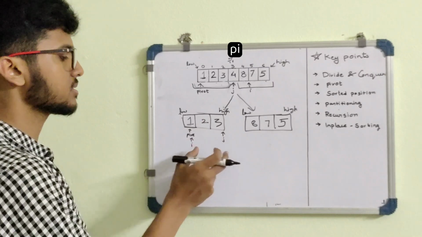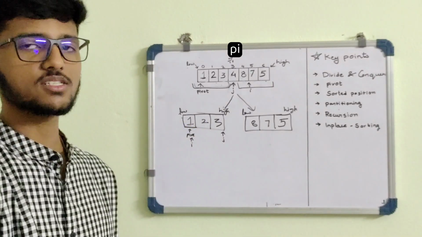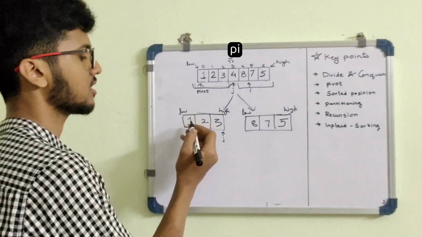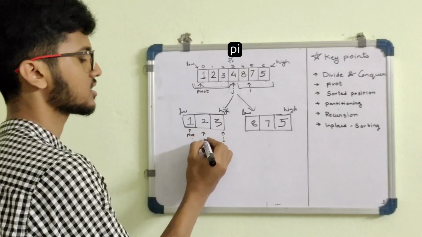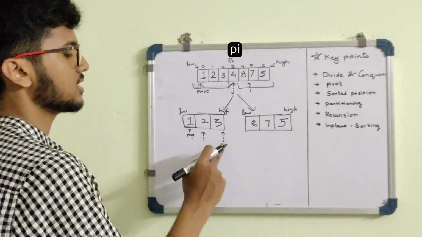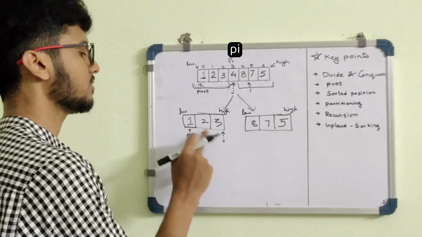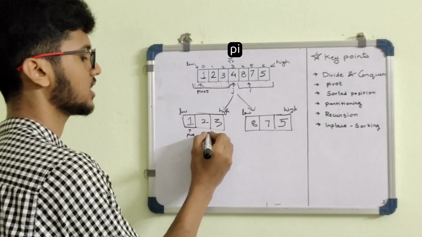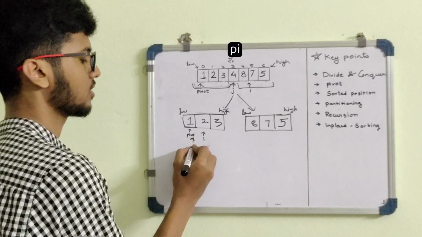Now perform the same steps: increment i until the element at i is not smaller than or equal to the pivot. Here this is smaller than or equal to the pivot, so increment i. Now this is not smaller than or equal to the pivot. Decrement j while it is greater than the pivot. This is greater than the pivot, j comes here. This is greater than the pivot, j comes here.